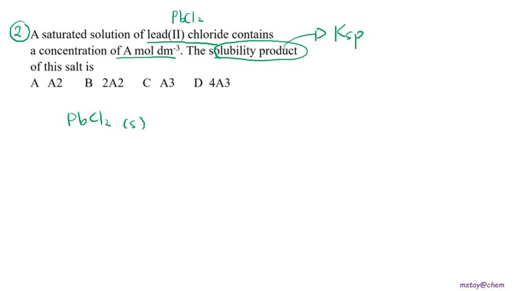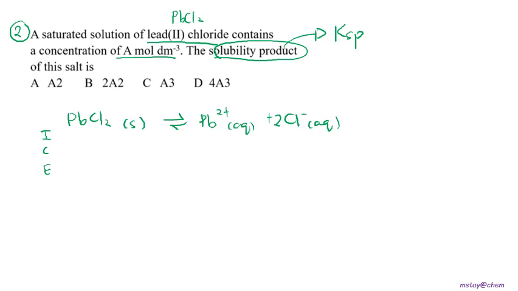Lead(II) chloride dissociates to produce Pb2+ aqueous and Cl- aqueous, in 2 mole ratio to balance the equation. For initial, change and equilibrium, we can go directly to equilibrium because initially there is no Pb2+ and no Cl-.